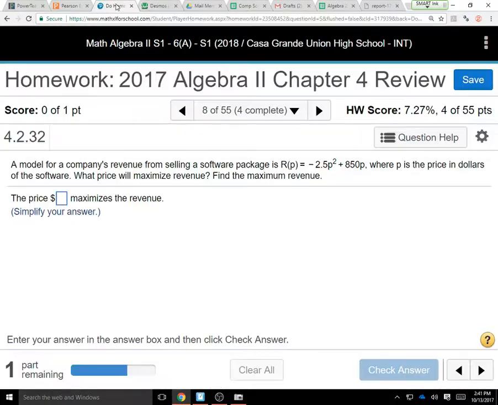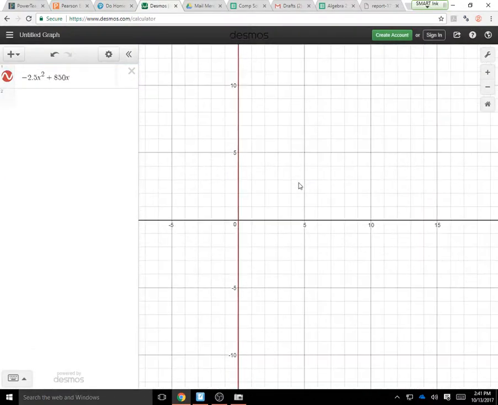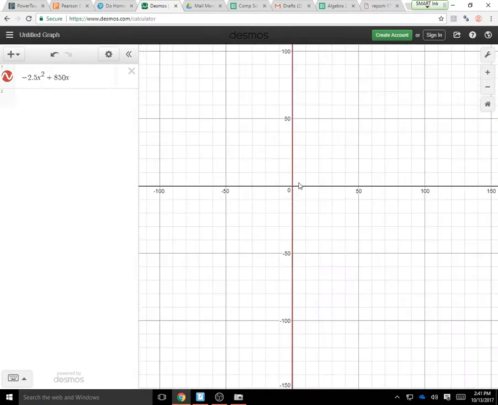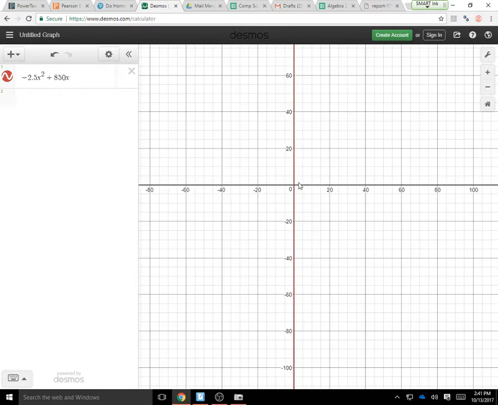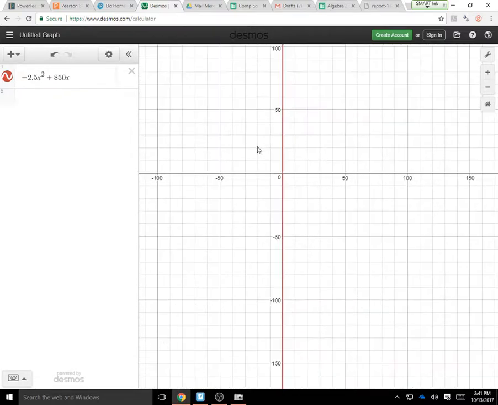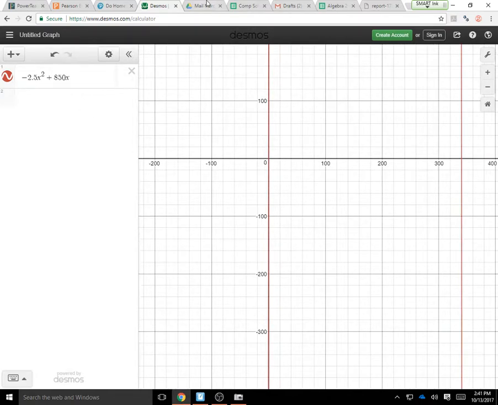Oh, is that it? Negative 250p. It can't be a straight line. It's red right there, straight in the middle. Yeah, but it's a parabola. This is x squared.